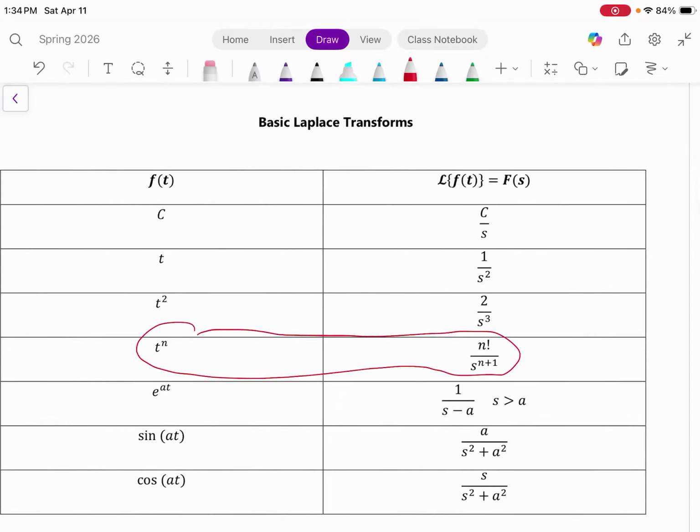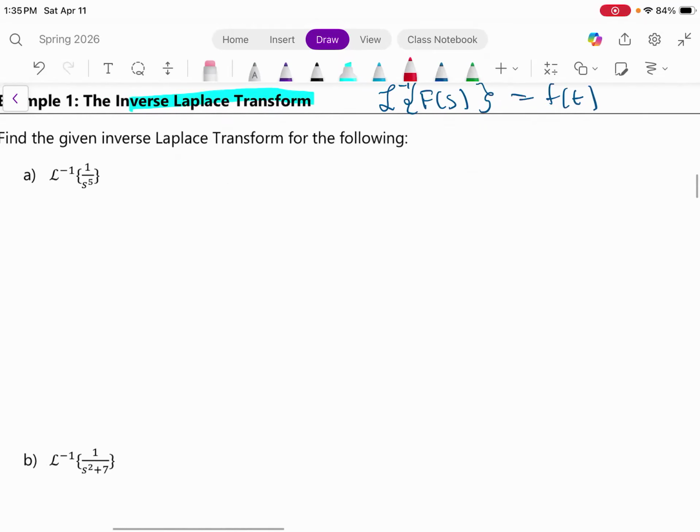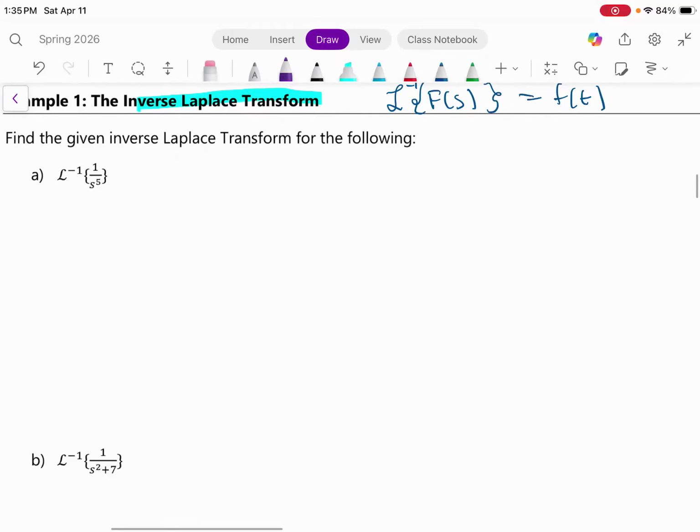I have s to some power. So that's what this looks like most to me out of all of these and what we've learned so far. I'll make a note here.